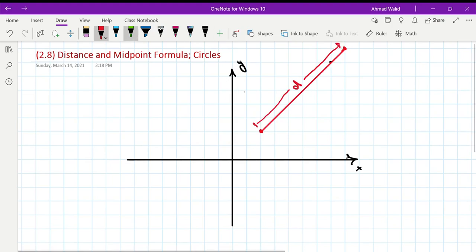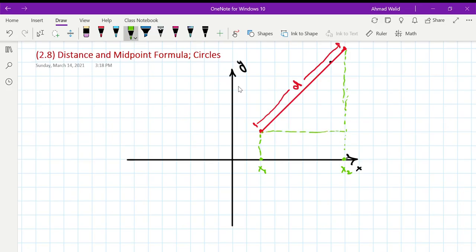To do that, let's name this point, for example, x1. The coordinates of x will be x1, and for this point, this one will be x2, right? The coordinates of this point will be x2. Now, we did this before when I proved the slope formula for you. I asked you a few questions, then I answered myself some distances that I need.